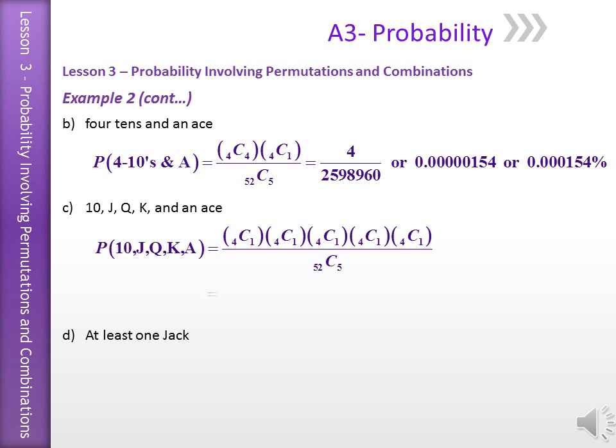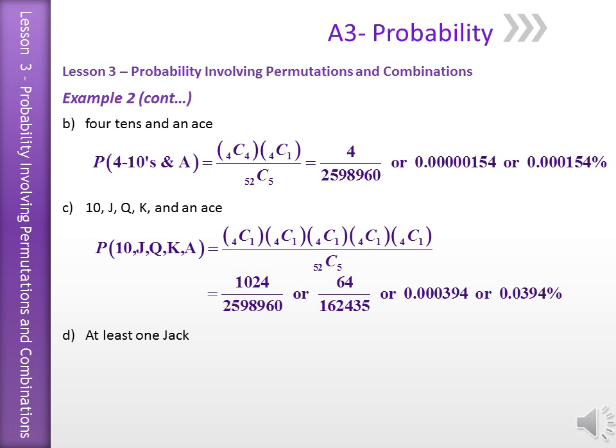This would give us 1,024 over 2,598,960. We could reduce it so that it's in reduced form. 64 over 162,435, or in decimal, 0.000394, or 0.0394%.